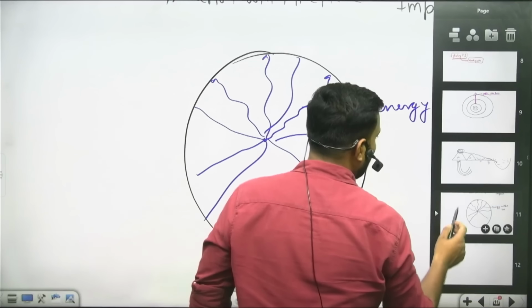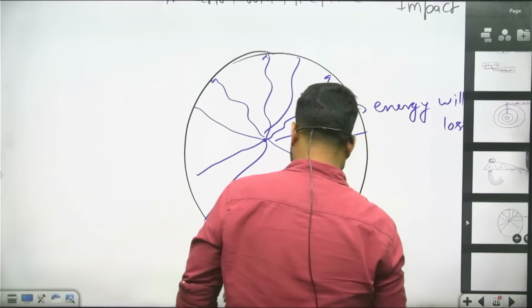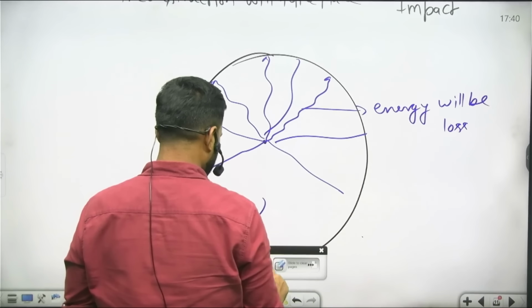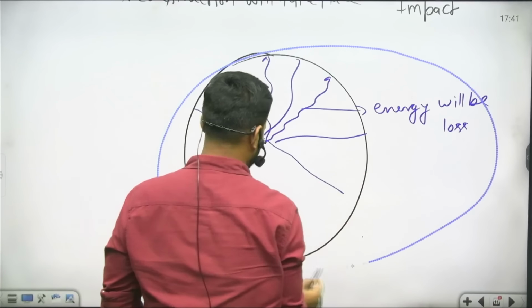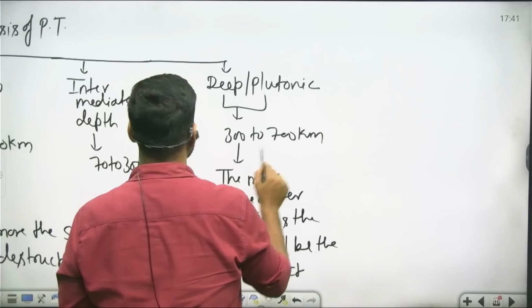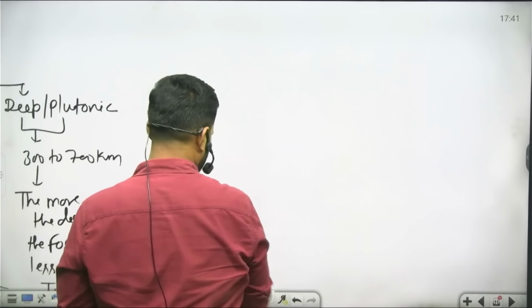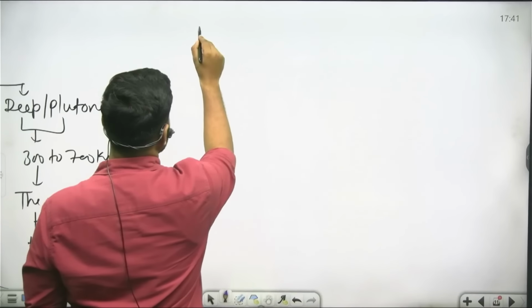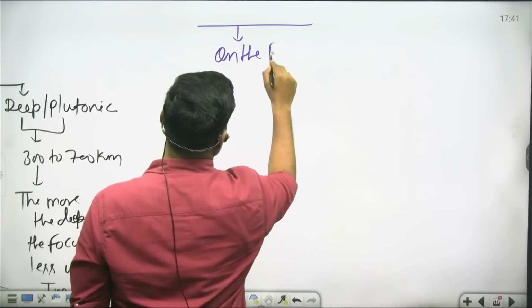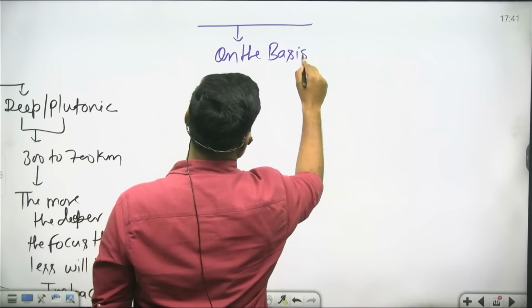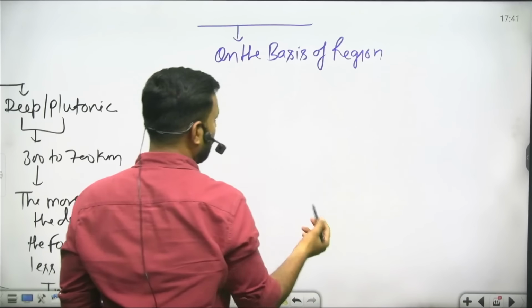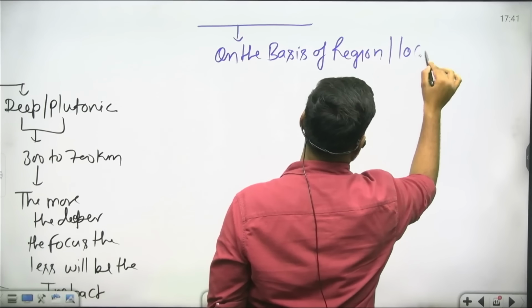ओके, नाउ on the basis of depth we have done it. ये हमने देख लिया on the basis of depth. Now we are just going to discuss on the basis of region, or location, you can call it location.